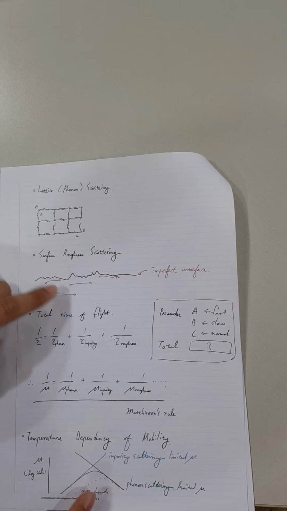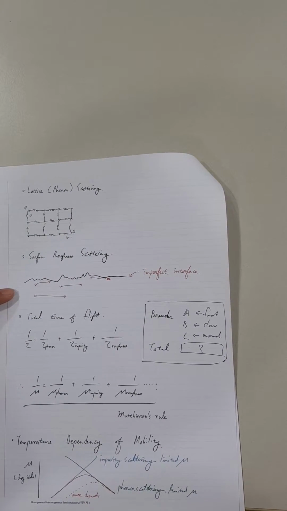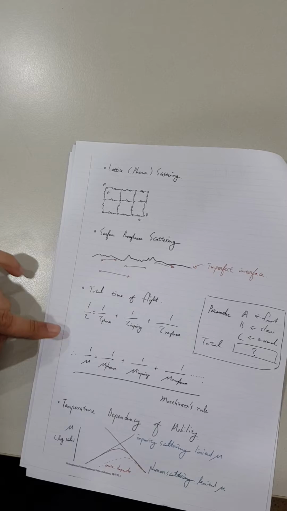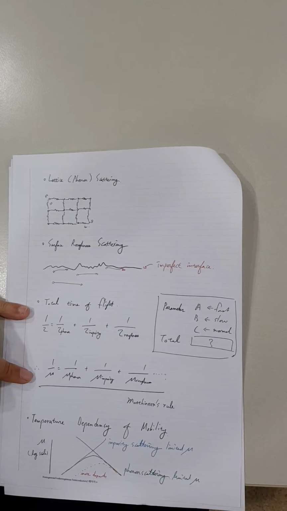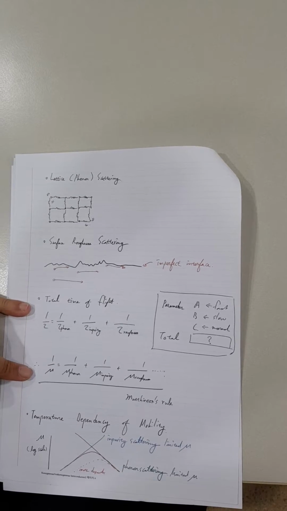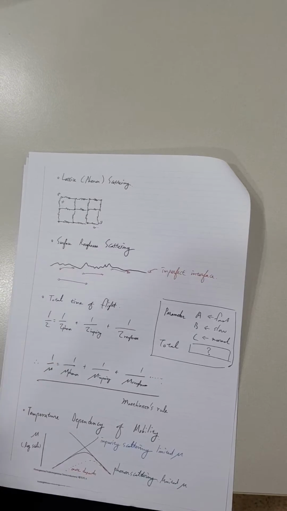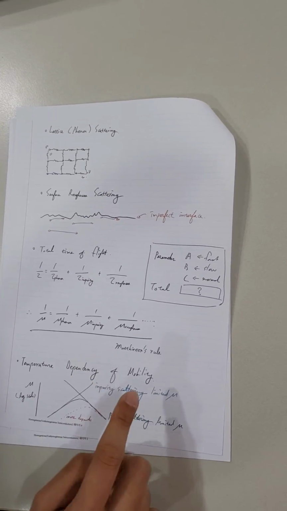And surface roughness scattering occurs because of surface roughness like this. And this is Matthiessen's rule, and we have to memorize this.